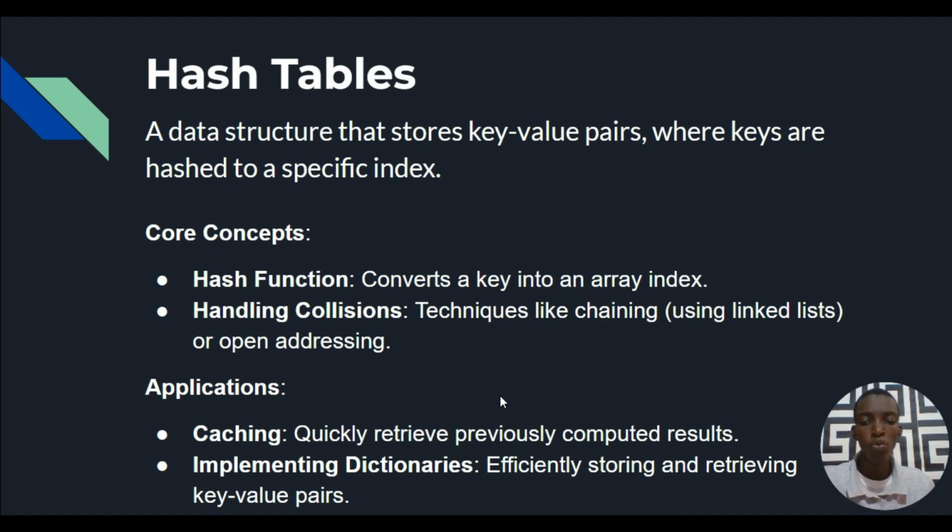Applications include caching, to quickly retrieve previously computed results. Like when you're using your browser, data you used previously, you can quickly get it by caching it. We also have implementing dictionaries, efficiently storing and retrieving key value pairs. Now let's see how this works.